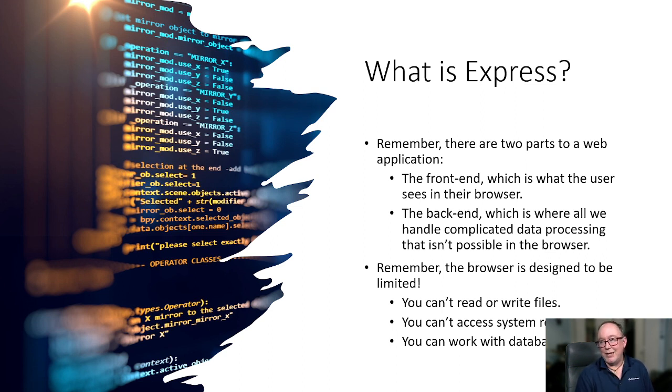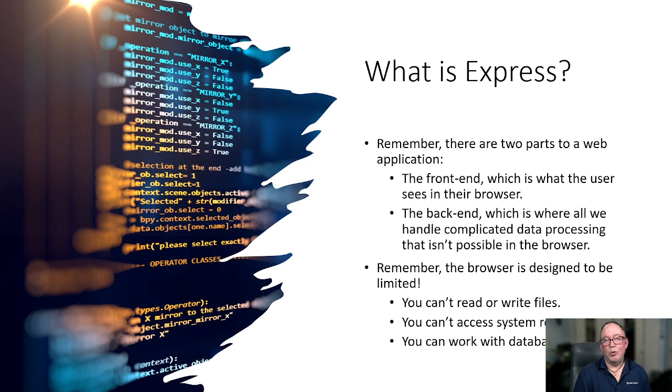So there are all kinds of things that you might want to do as a software developer that are normal in, say, a desktop environment or even writing software for a mobile phone, that you simply can't do in a browser. For example, you can't read and write files. You're not allowed to access any serious system resources. Now in HTML5, we do have a little bit more than we've had in the past.